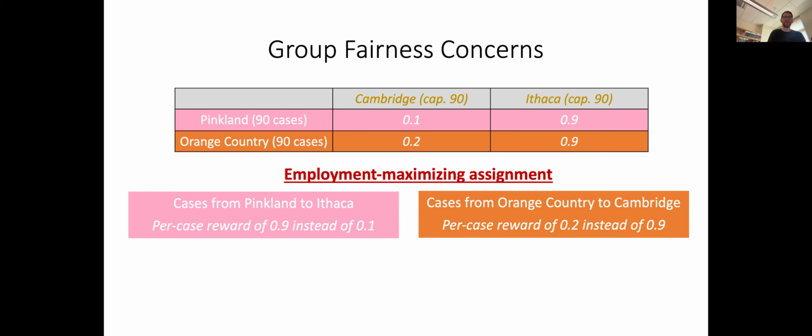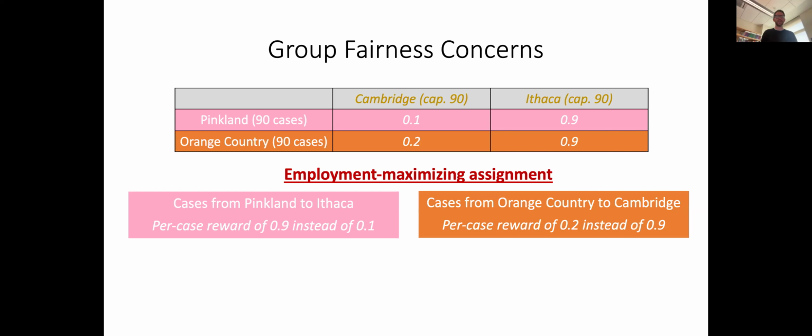If we assign cases from orange country to Cambridge, we have a per case reward of 0.2 instead of 0.9. The marginal difference is a little bit bigger. Well, it's 0.1 bigger for pink land cases to go to Ithaca than for orange country cases to go to Ithaca.